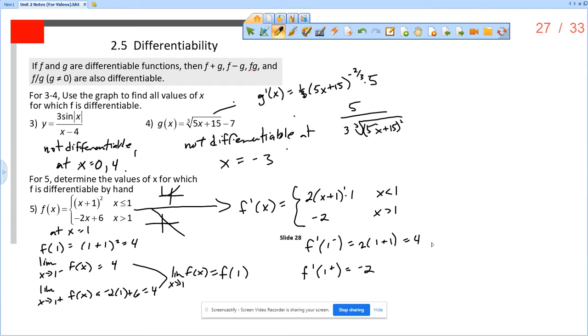Well, that means that this function f is not differentiable at x equals 1, right? So remember, the derivative from the left needs to equal the derivative from the right, assuming that it is continuous to begin with. All right, so that is slide 28.